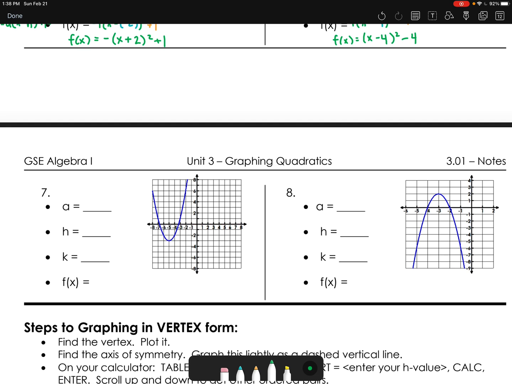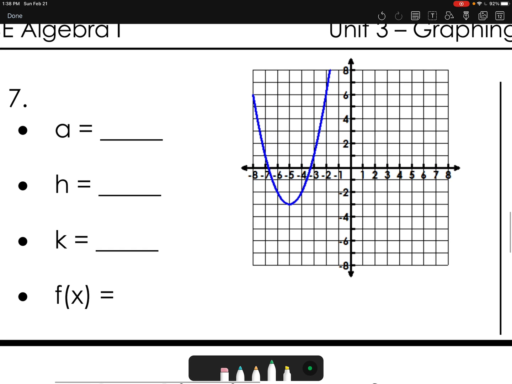Okay, let's try 7 and 8 together. If you want to take a stab at your own, go ahead and pause. First thing we are doing is finding the vertex, and so our vertex is right here at -5, -3.